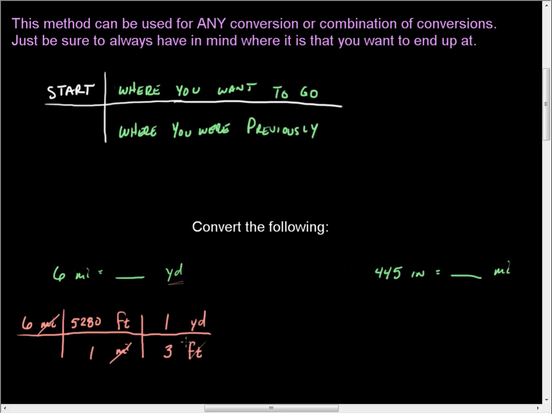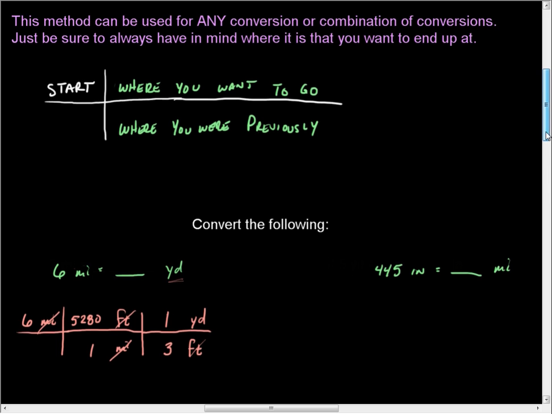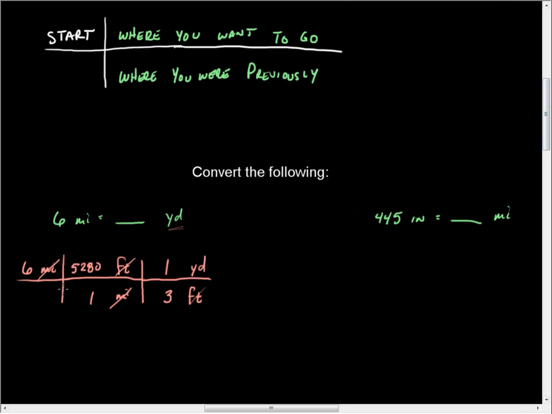Now feet cancel when I do the calculation. I'm left in yards, which is where I want to be. So I've got this 6 times 5,280 times 1 divided by 1 divided by 3.